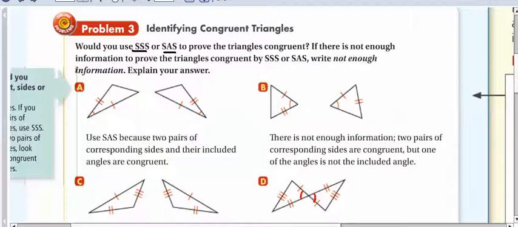And you've got a side, an included angle, and a side, don't you? They're between the 2 and the 1 hash marks, aren't they? And this is between the 2 and the 1 hash mark. So that makes it the included angle. And you know that those angles are congruent because they're vertical angles, right? So you can use side, side, side, or side, angle, side, can't you?